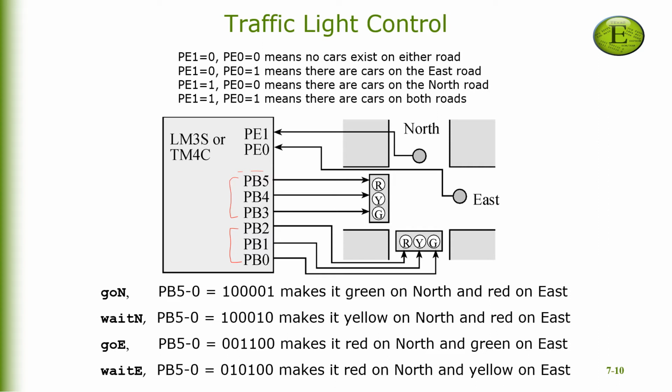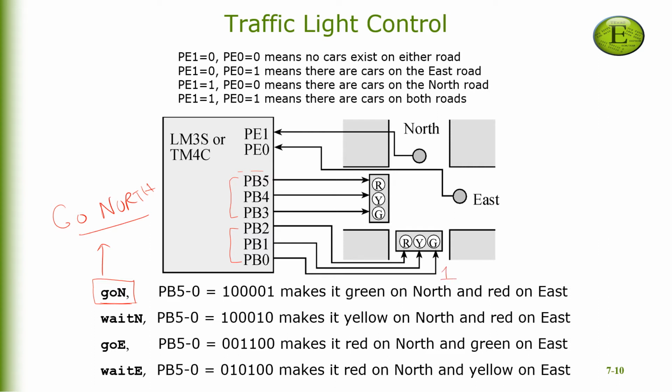For instance, if we look at what kind of signals are required to make sure that we give a go north signal, so GON, go north, giving a green signal to the traffic on the north road. For that to happen, we would like to put 1.